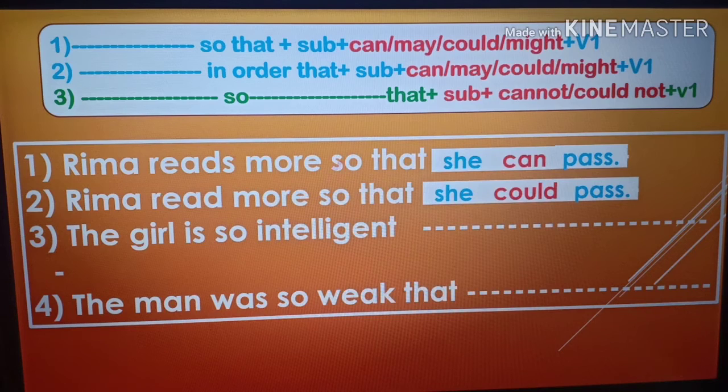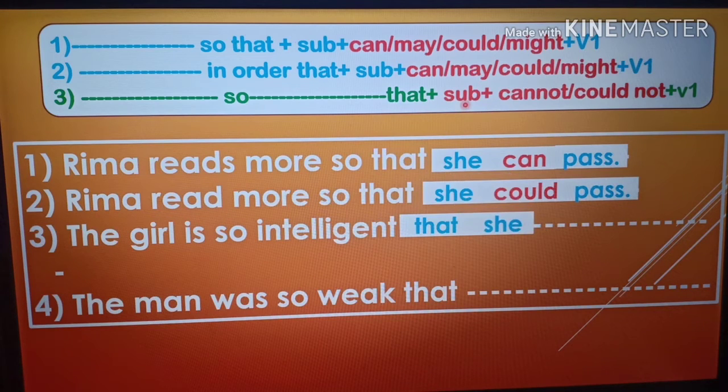And then the third one, the girl is so intelligent, and according to the rule of the third one, so ... that. There is no that here, and we have to write down that at first, and then we have to write down subject, and subject will be she.